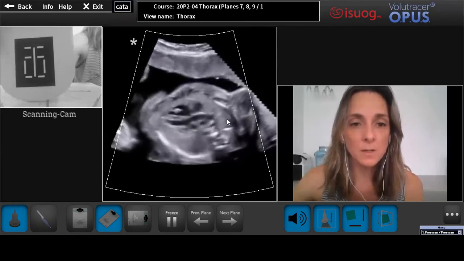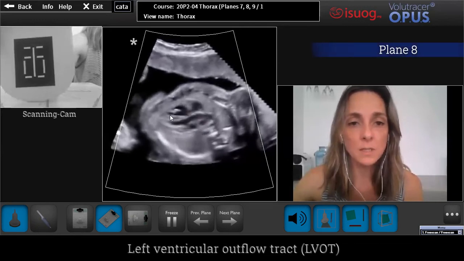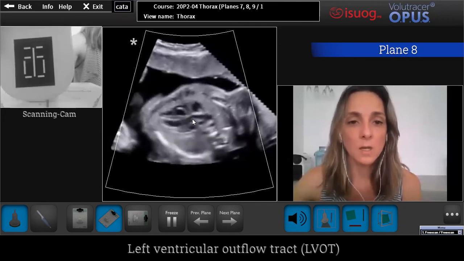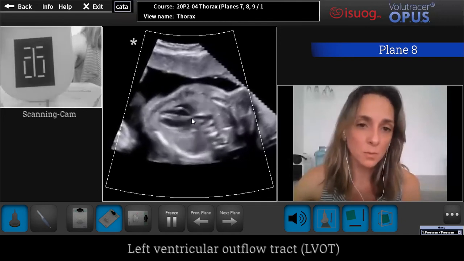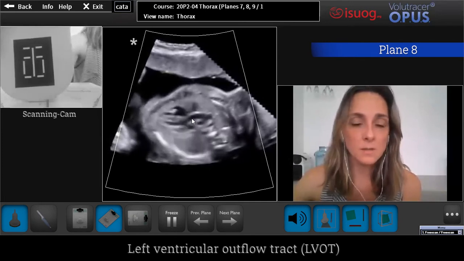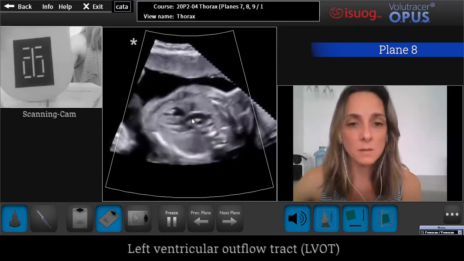And like this, you can see the integrity of the septum up to the aortic valve here. And you can also check the aortic valve, which looks moving freely here. So this is, again, plane number 8, left ventricular outflow tract.